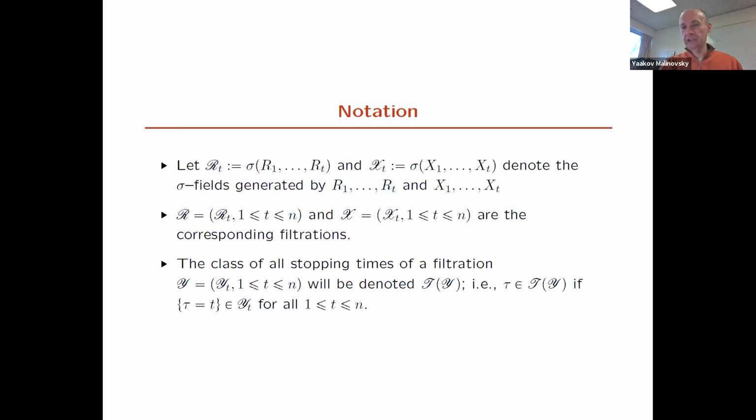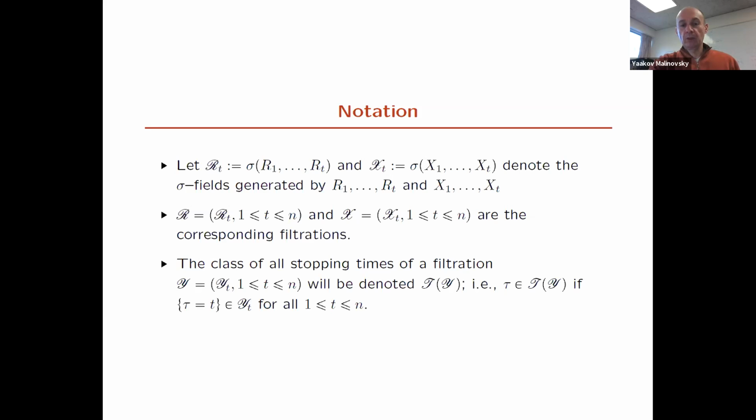Now, some notation to use in the presentation: we denote by R_t and X_t the sigma fields, the first one generated by relative ranks up to time t, and the second by all observations themselves up to time t. We also denote by R and X the corresponding filtrations.